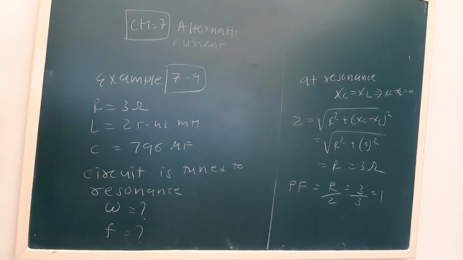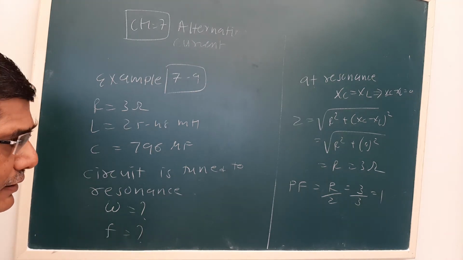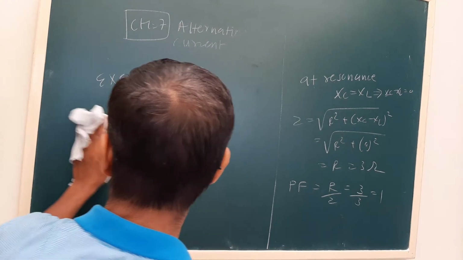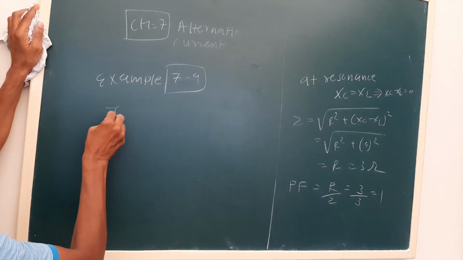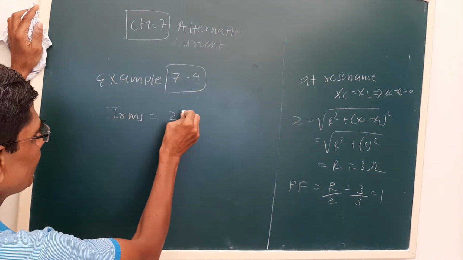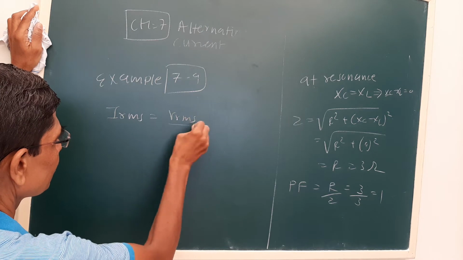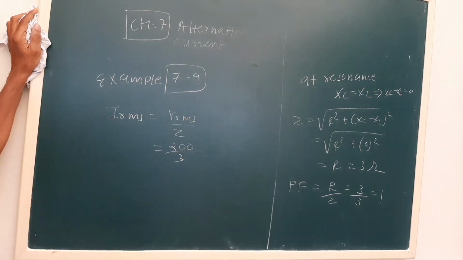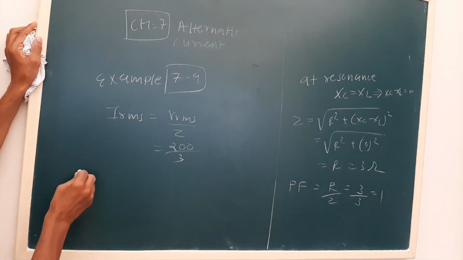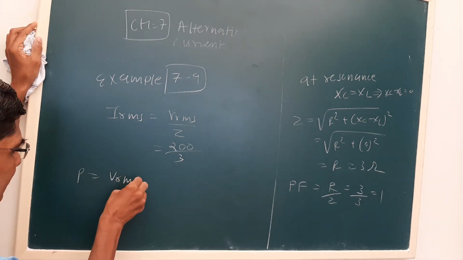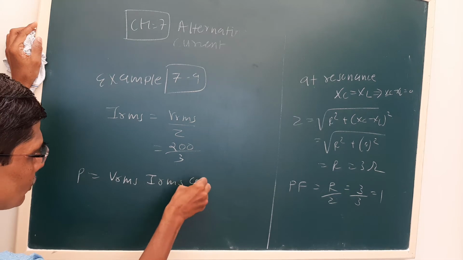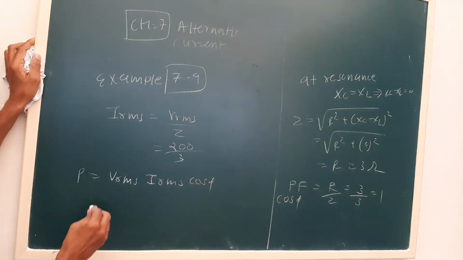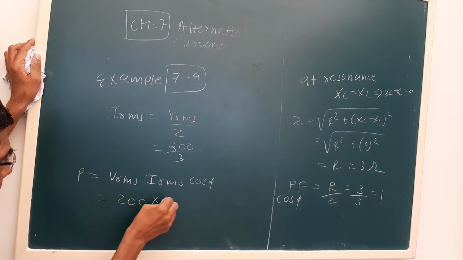Now see, the Z has changed, so the current also will change. IRMS is VRMS upon Z. Now the power is VRMS, IRMS, cos phi. See, cos phi is our power factor. Here VRMS is 200.